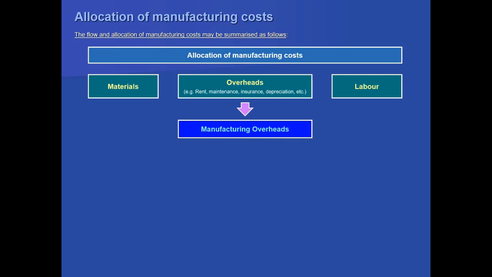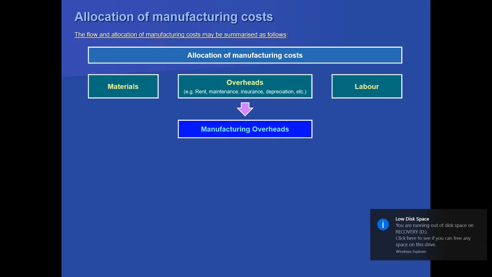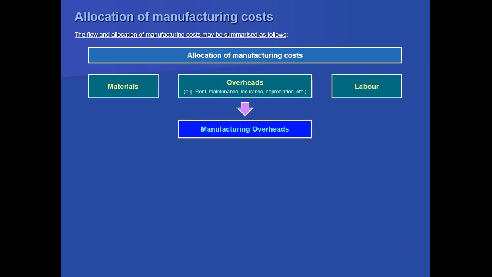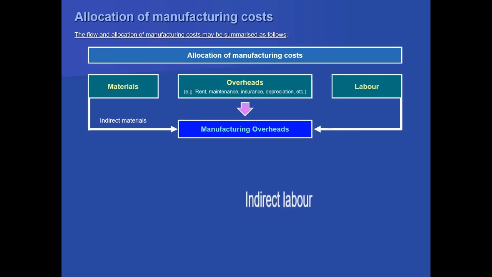So the overheads, as indicated previously, all of them will be on the debit side of the manufacturing overheads account. The indirect materials we also mentioned previously, it will in the end end up in the manufacturing overheads account. And similarly, the indirect labor will end up in the manufacturing overheads account.